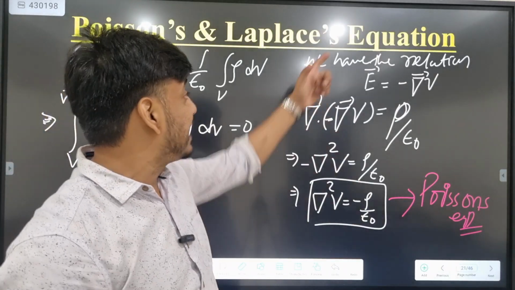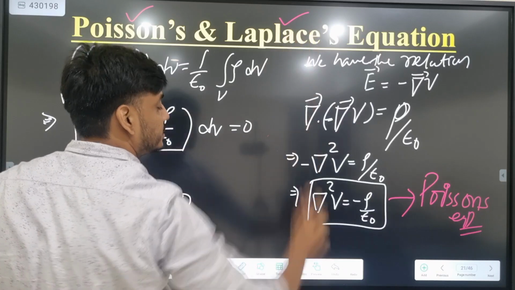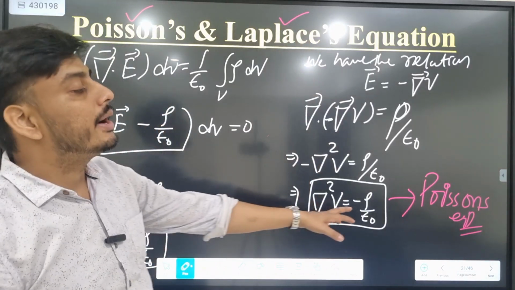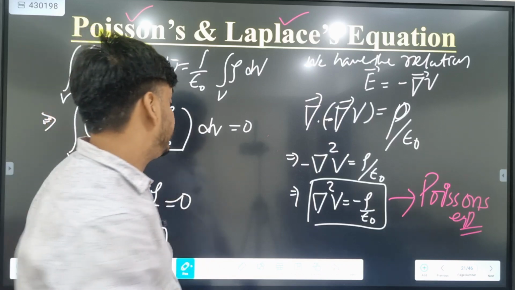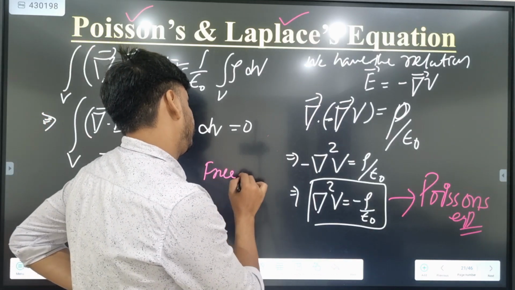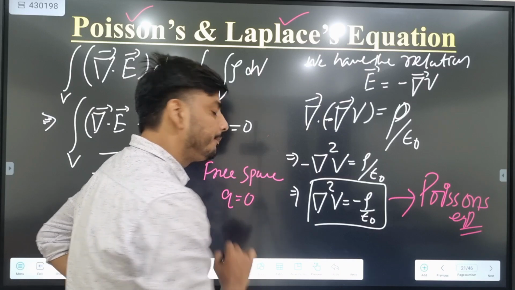Now what is Laplace equation? Because we have given the heading Poisson's as well as Laplace equation. From here you can find out what Laplace equation is. In a charge free area, for example free space, there is no charge.